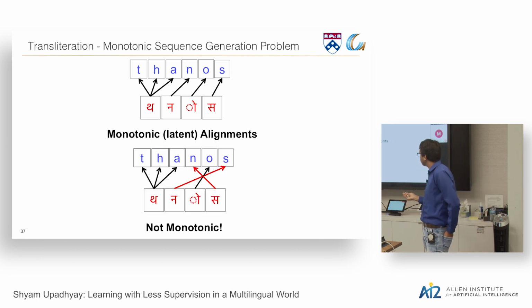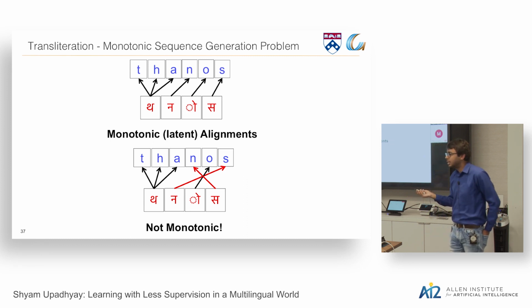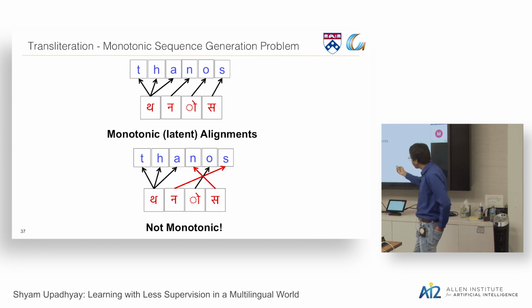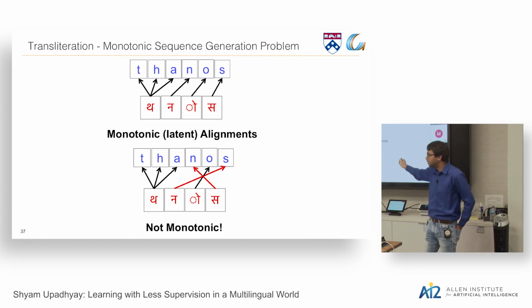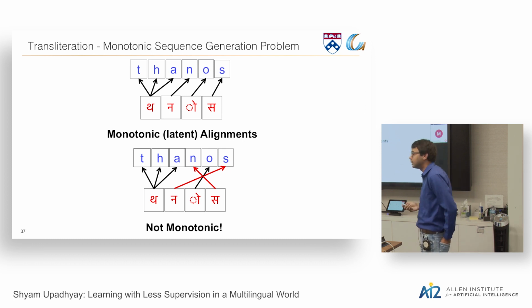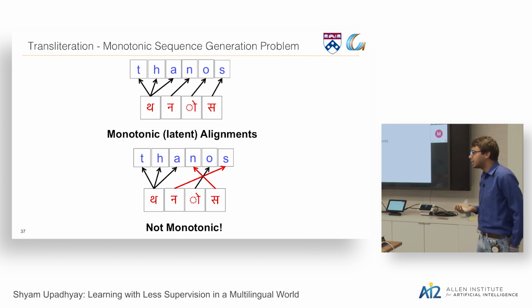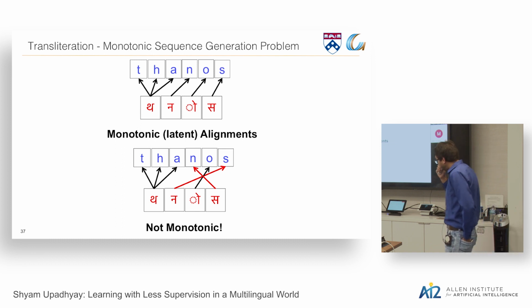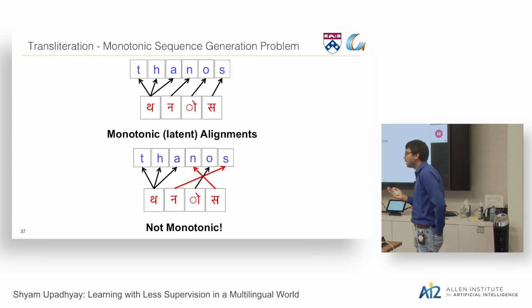So for instance, a generation like this is not monotonic because you will have crossing edges between the characters that are being generated. The rationale behind the monotonic assumption is that when you're rewriting a name in a different script, you would ideally want to preserve the pronunciation, but if you destroy the monotonicity in the generation, the pronunciation would not be preserved.